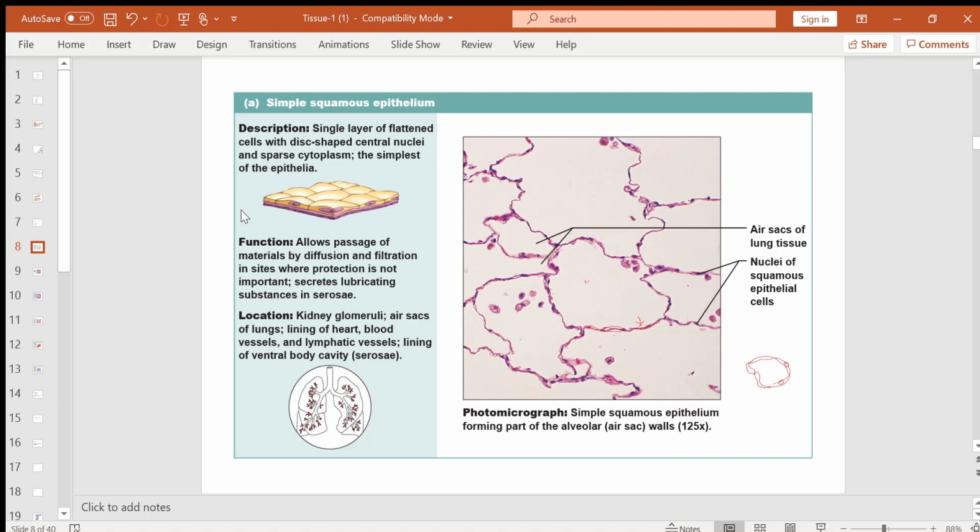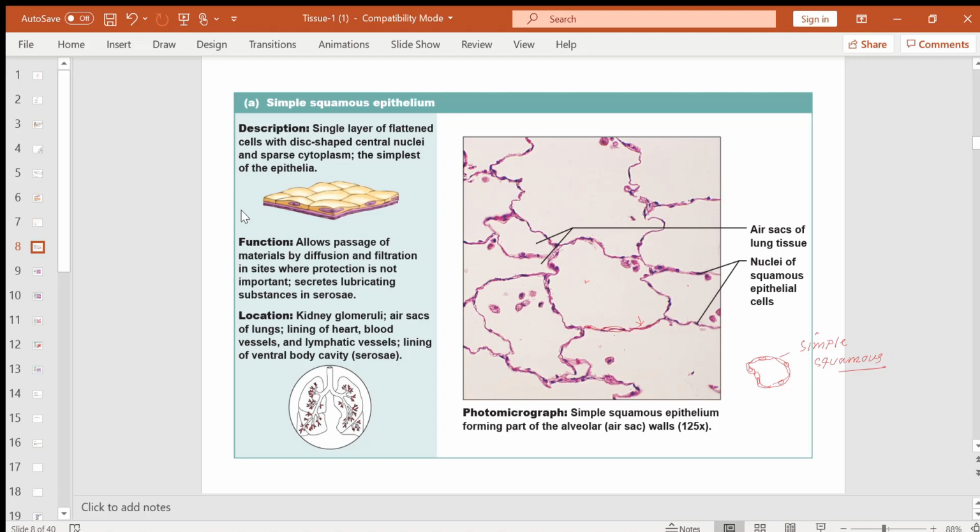So these are the squamous cells, flat and a single layer, right? So this is simple squamous. That is one location in the body. You will find simple squamous in the wall of the alveoli or air sacs inside the lung, number one.